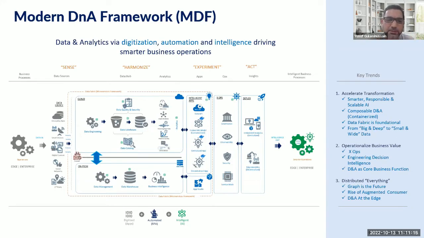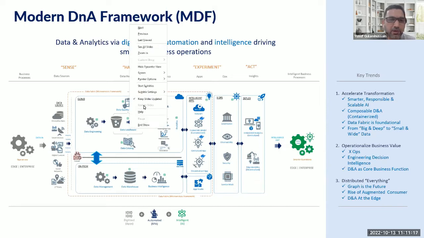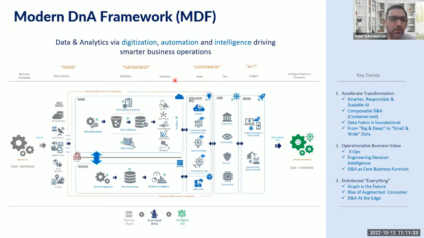And what I mean by that is, on the far left, let me just initiate my laser pointer. Here you have all your operational data, be it your customer, be it your partner, be it your IoT devices, the ability to ingest all that information within your data analytics ecosystem. That's the first step in being adaptive. The ability to sense in a true sense is about, are you able to access all the information within your organization? So that's step number one.